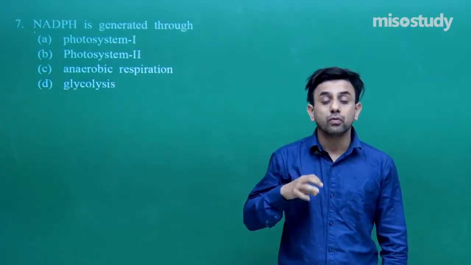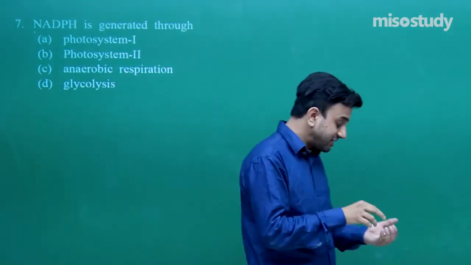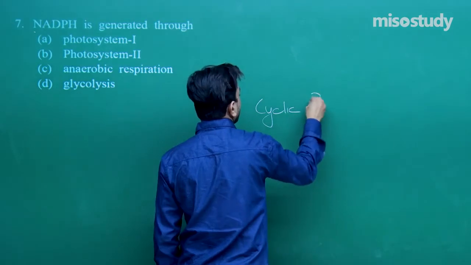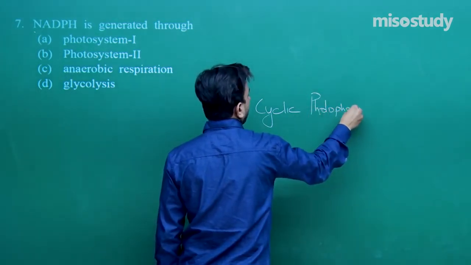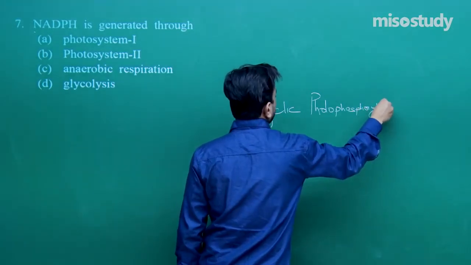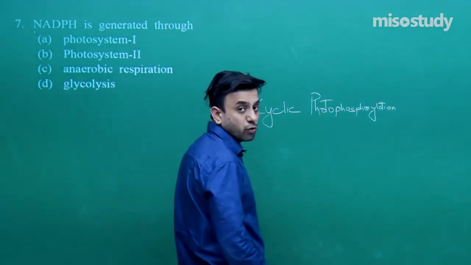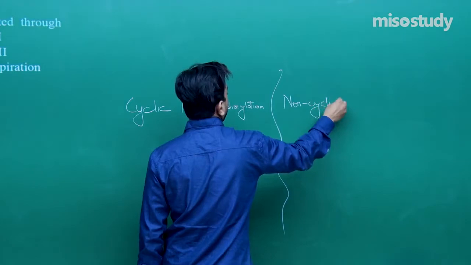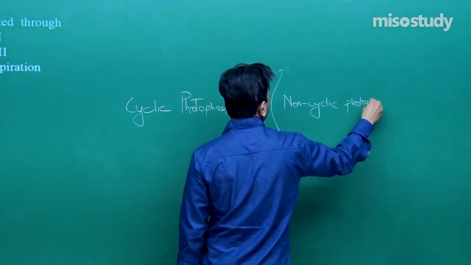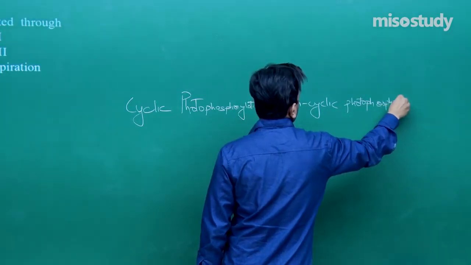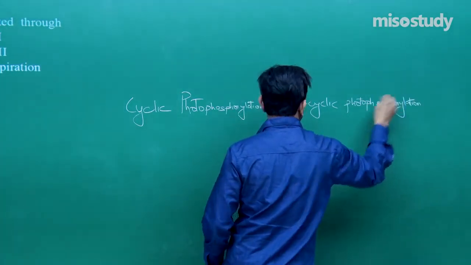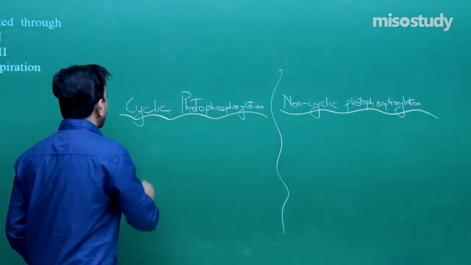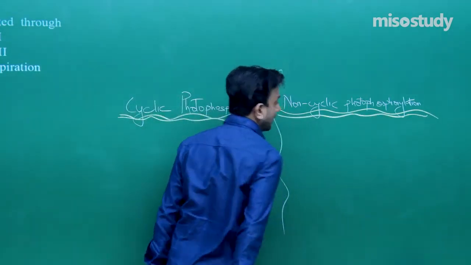So if we talk about the differences between the cyclic photophosphorylation and the non-cyclic photophosphorylation, we can sum up things.